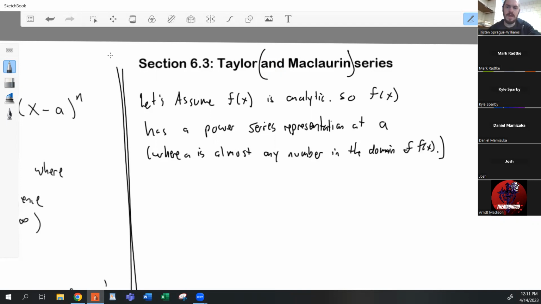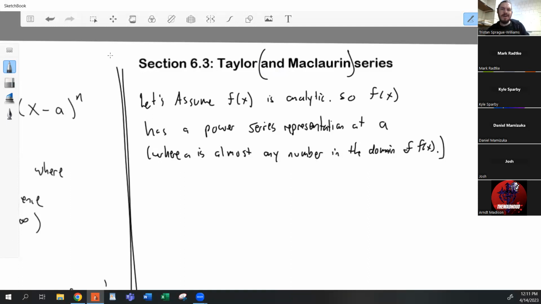Okay. So this may seem like a weird way to approach this topic, because we're exploring the question of what functions are analytic, like what can we do with power series, which type of functions can we represent with power series? Well, to flip that around and say, let's pretend we already know the answer to that question, and we have a function and we know we can represent it with a power series.